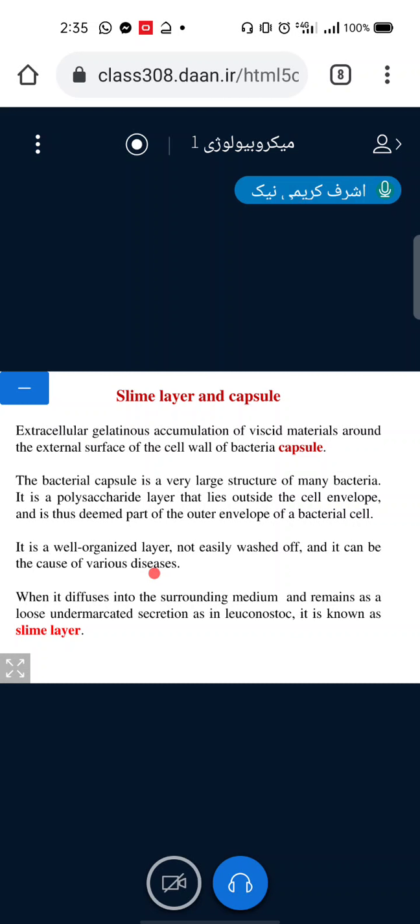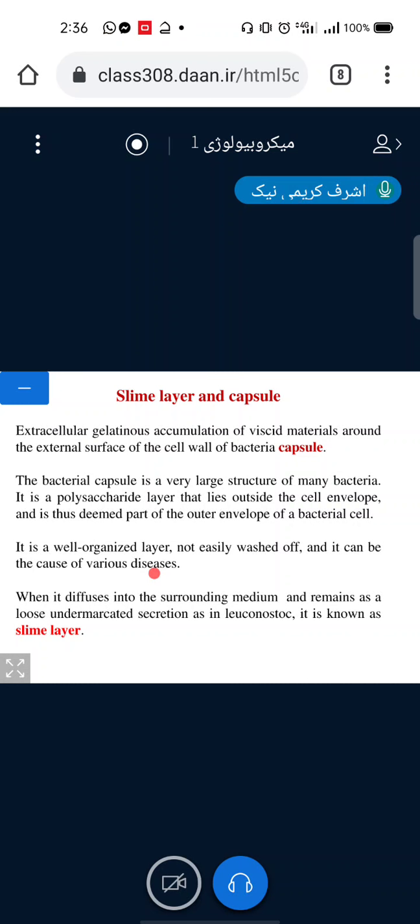When the capsule diffuses into the surrounding medium and remains as a loose, undemarcated secretion, as in Leuconostoc, it is known as a slime layer. Slime layer is like a capsule but is loose, not strong.